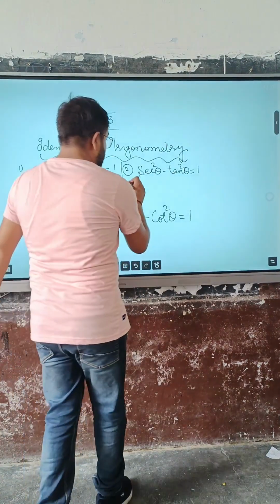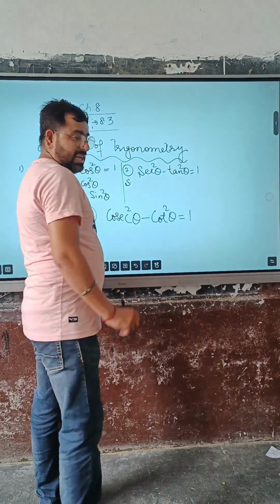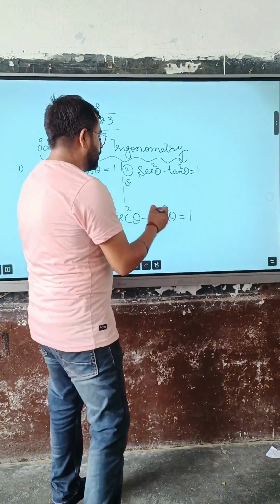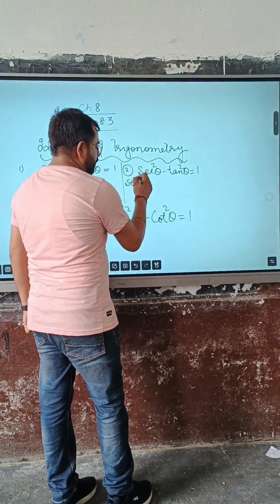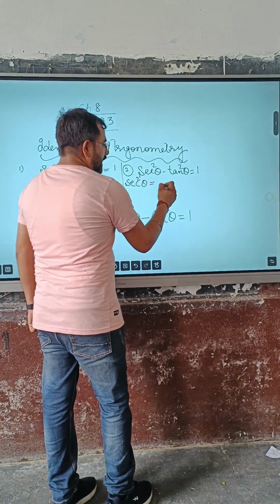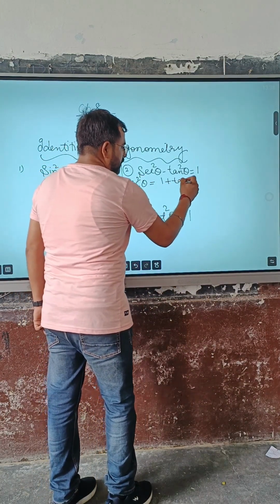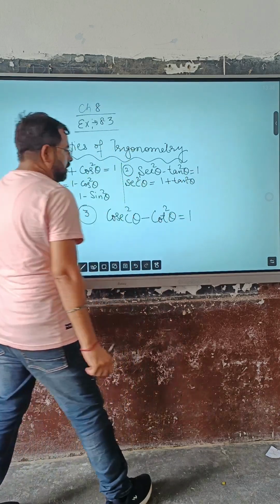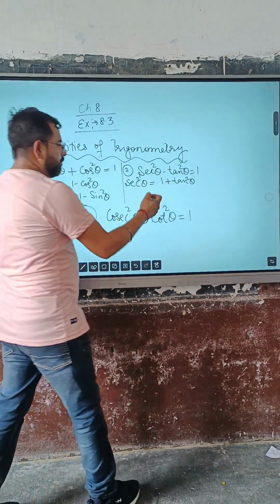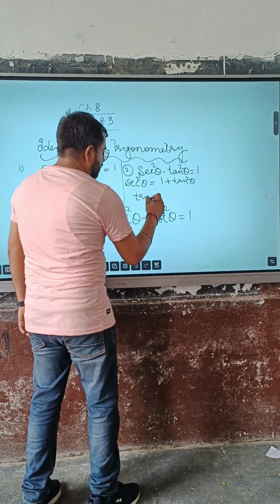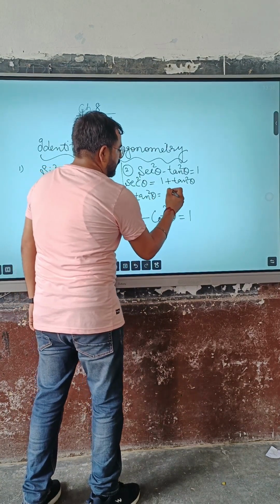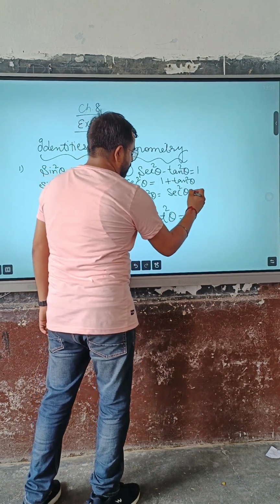In the same way, if we need the value of secant square theta, we can use 1 plus tan square theta, and if we need tan square theta, the expression is secant square theta minus 1.